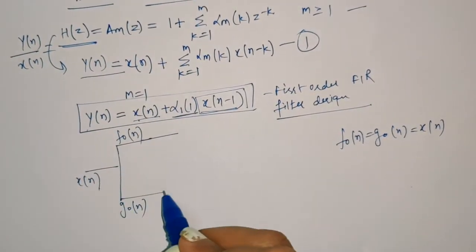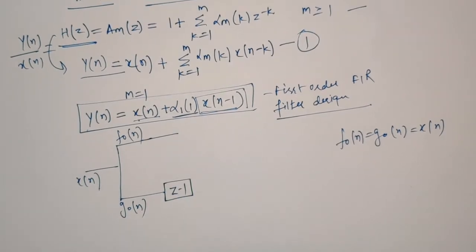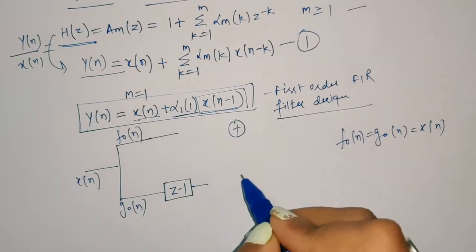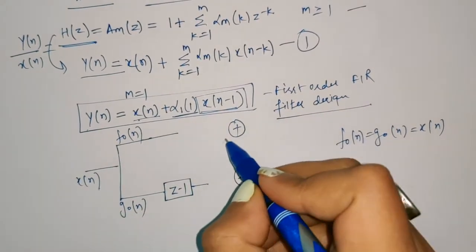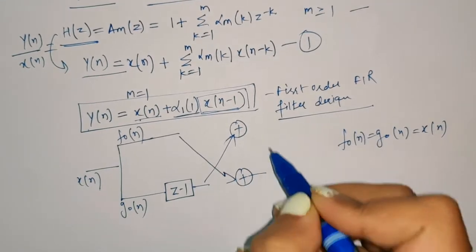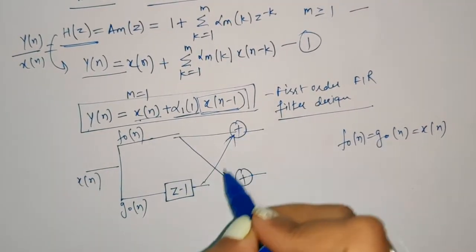So first we are delaying this particular signal. Here we have one adder, here also we have one adder, because this is a lattice structure, so lattice designing is like this only. This is a fixed concept.